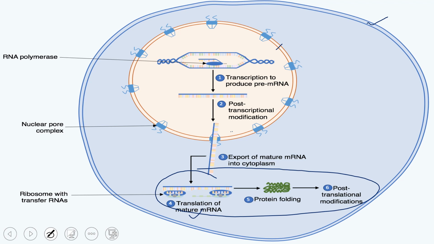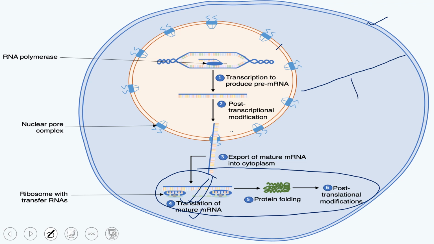Normally, once you synthesize a protein, that protein is non-functional. It is the same as when you produce a messenger RNA. This messenger RNA is called primary messenger RNA, or you can call it precursor messenger RNA. So this is non-functional messenger RNA.